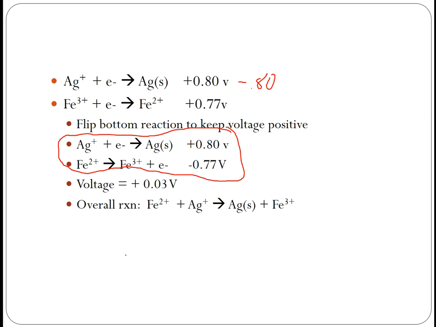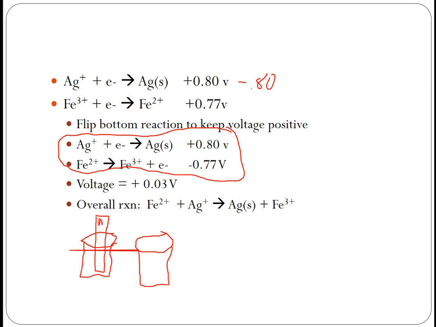Now, as far as the cell goes, oh boy, I have to try to draw a cell here. Got our one half cell here. Got our other half cell here. Got a random annoying line there. Got a piece of silver here.